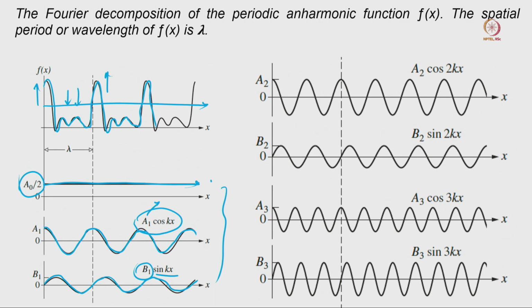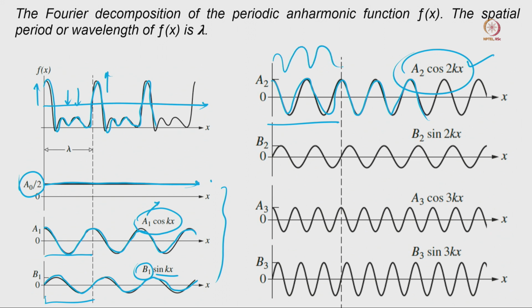Then if I have more and more options, you can see that I can add different types of wave where the frequency is changing and the oscillation is increasing. Here you can see only one oscillation of that wave, and here also only one oscillation, kx, but here you can see there are two oscillations of this wave.